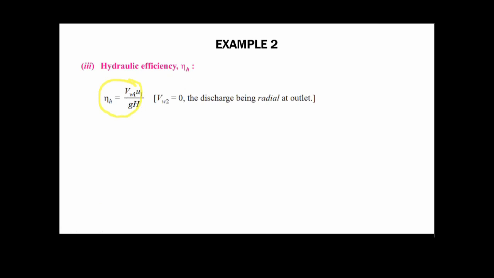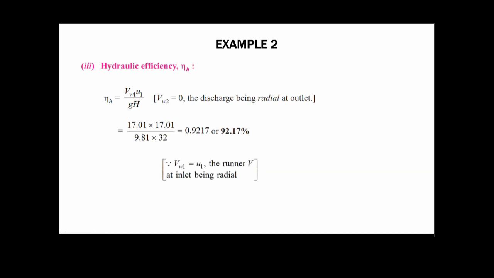In this case, this is the expression. From this, we know which information we have and what information we don't have. In this case, we have VW1 and we have U1 that was calculated before this, and we have the head given in the question. So we plug in the values in the equation, and we get the hydraulic efficiency equal to 92.17%.